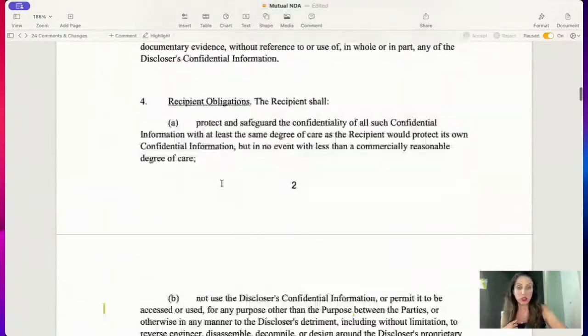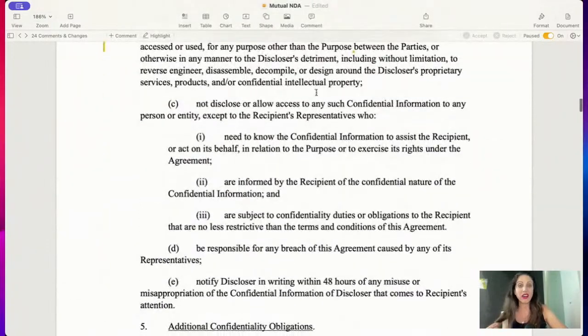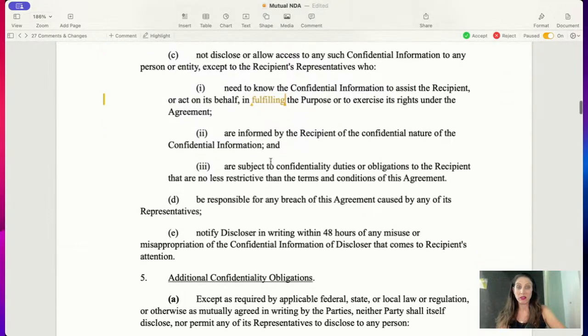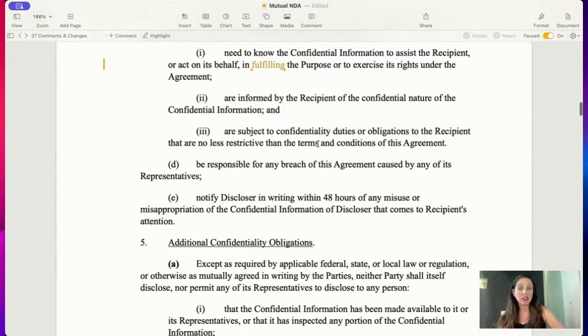So what I want to know is make sure that they are not allowed to disclose this to any of those people unless they need to know that confidential information to assist the recipient or act on his behalf in fulfilling the purpose, or to exercise his rights under the agreement, that those people be informed by the recipient of the confidential nature of my information and are subject to confidentiality duties, obligations that are no less restrictive. Okay.